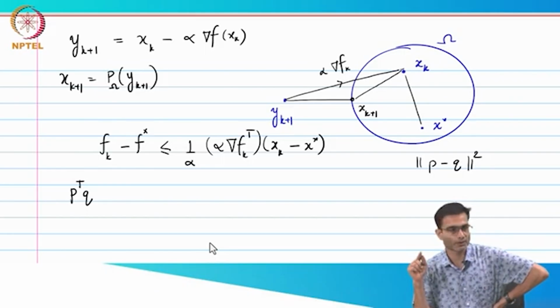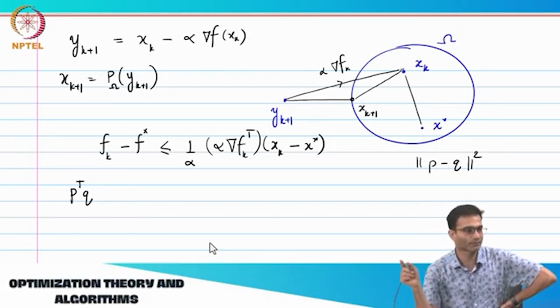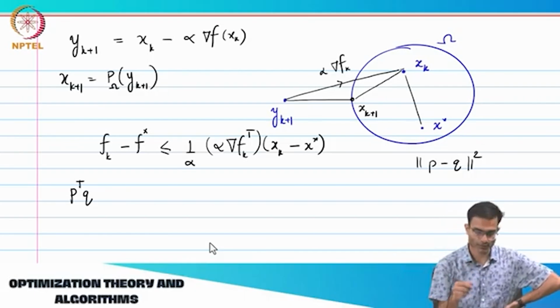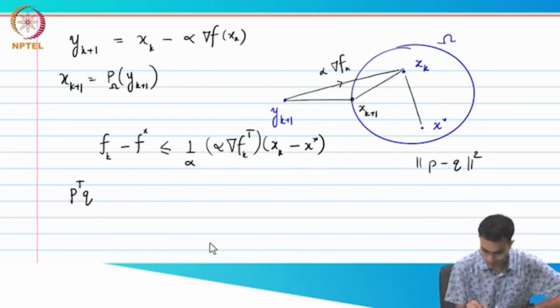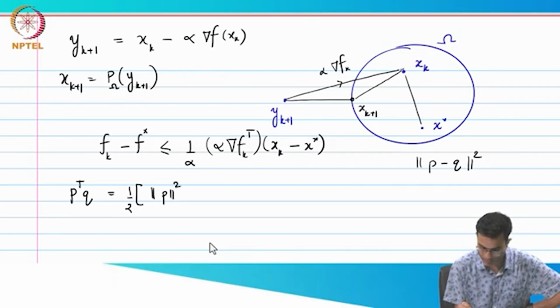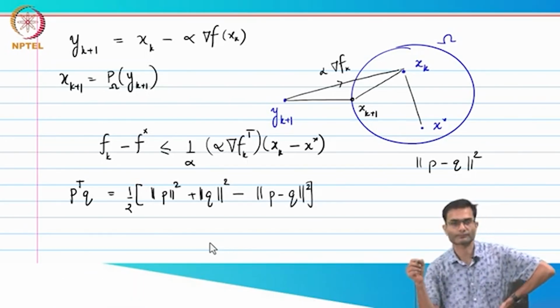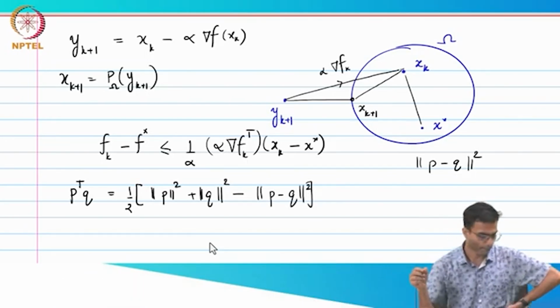P transpose P, Q transpose Q, and a negative P transpose Q and Q transpose P, which are the same. So there's a factor of 2 over there, right? That's a nice way to get this. So P transpose Q will be simply half of norm P squared plus norm Q squared minus norm of P minus Q squared.